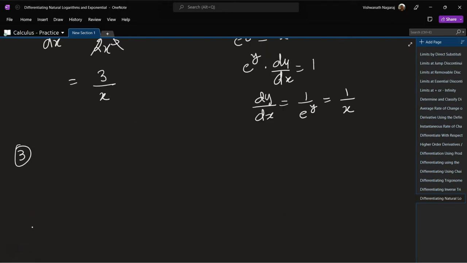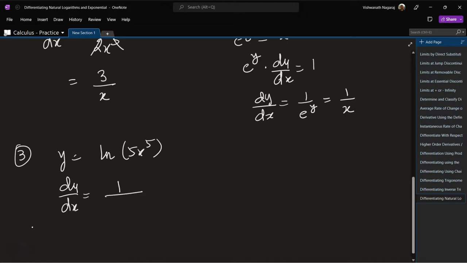Okay, third one, y is equal to natural log of 5x to the 5. dy by dx is equal to 1 by 5x to the 5 times 25x to the 4. So this and this cancels. 5 and 5, so we are left with 5 by x.